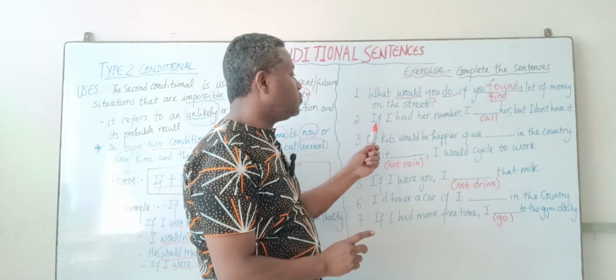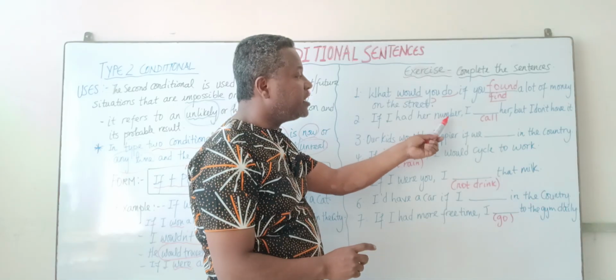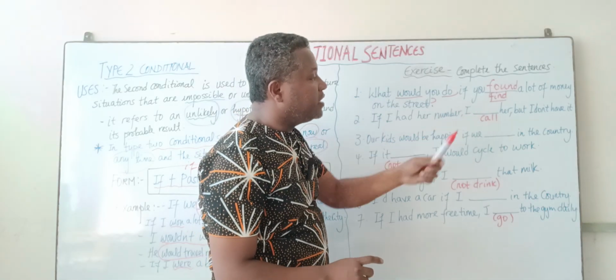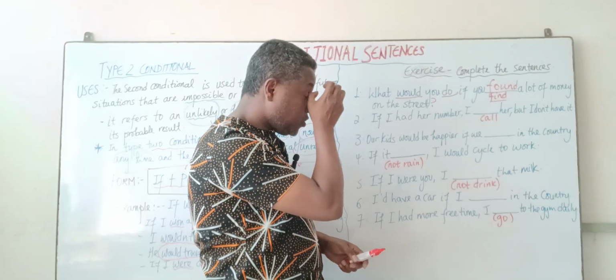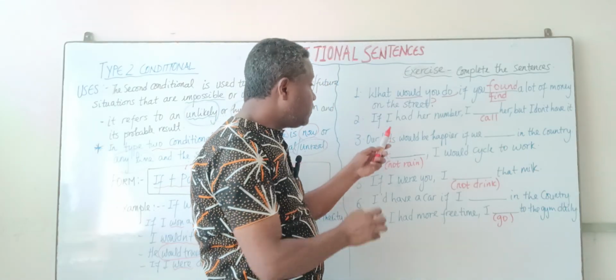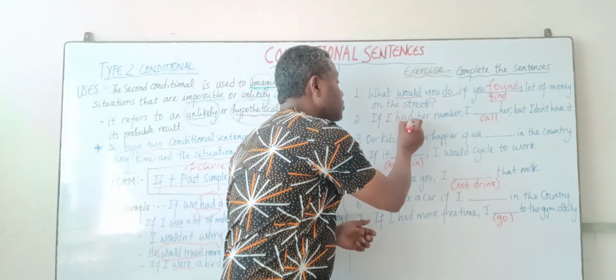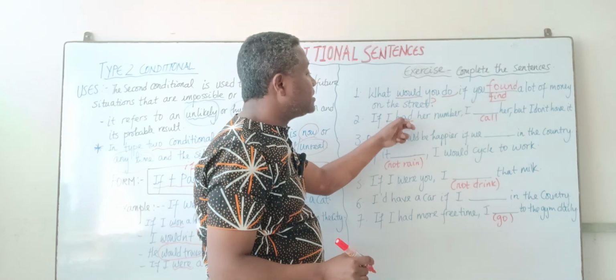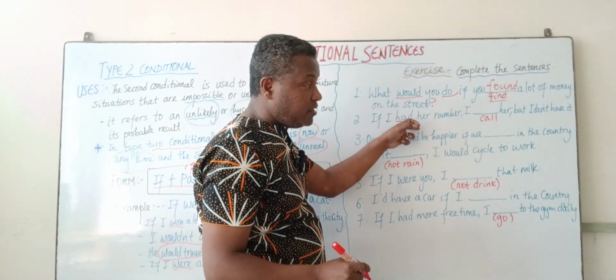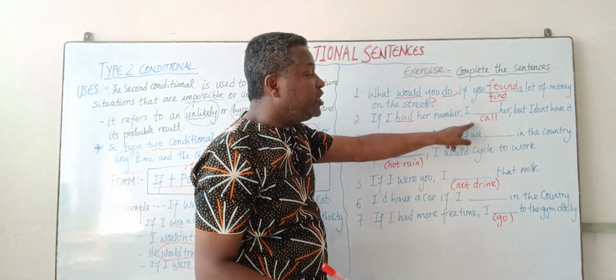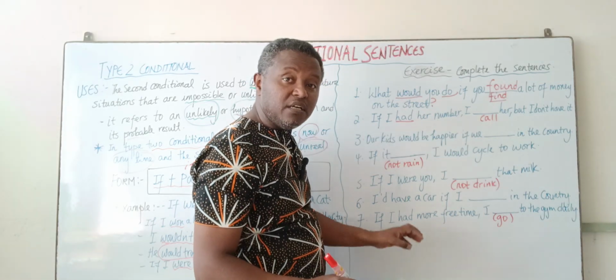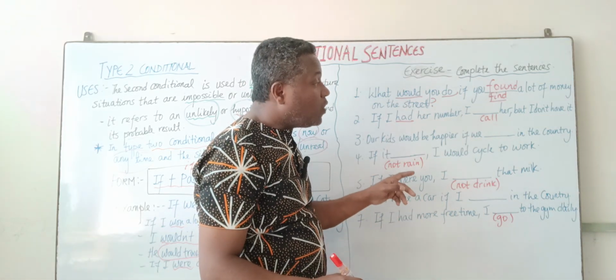Good. Number 2. If I had her number, I blank her, but I don't have it. So here it says if I had her number. The if clause with its past simple is already here. So we need to complete the main clause, which is would followed by verb 1.